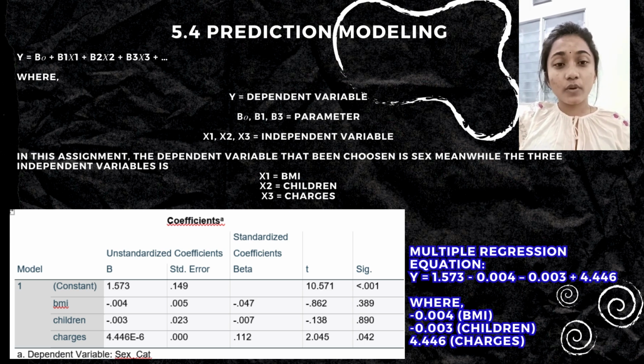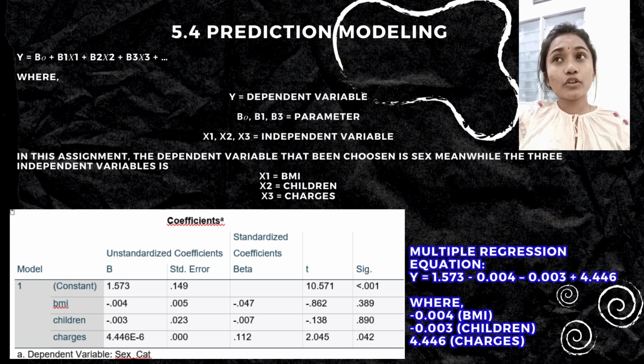The equation is y equals 1.573 minus 0.004, which is the value of BMI, minus 0.003, which is the value of children, plus 4.446, which is the value of charges. The coefficient represents the impact of each independent variable on the dependent variable, with BMI having a negative impact and charges having a positive impact. This equation can be used to predict the value of sex category based on the value of BMI, children and charges.